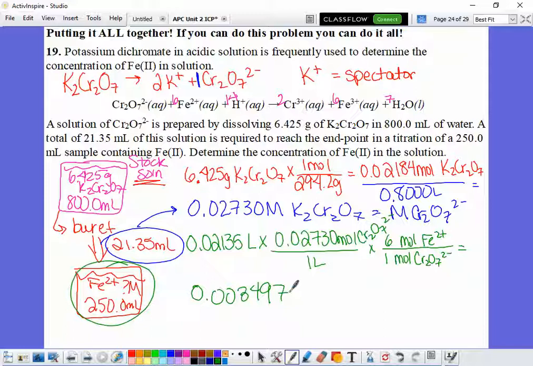Is that right? Mole Fe2+. And now we're going to divide that by what? 0.2500 liters, that volume that we used, which is 0.01399.